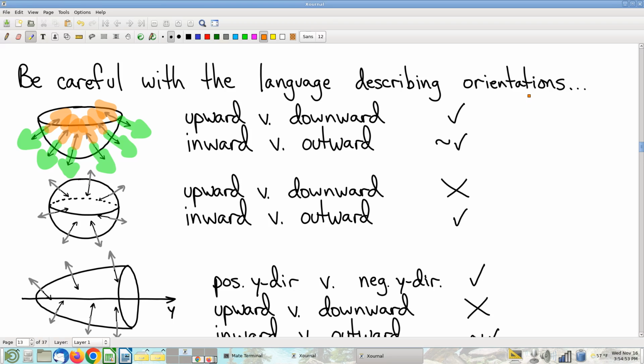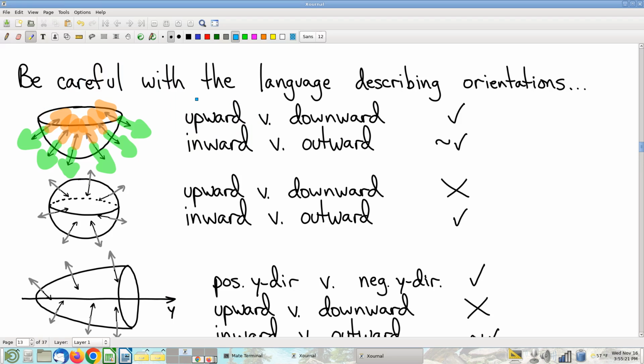And notice that these green vectors, none of them are in any sense up or even up-ish. Right? So when I say upward, that unambiguously indicates the orange orientation and it excludes the green orientation. And so it's perfectly clear what we mean by upward, even though, again, upward is not a perfect description, but it is entirely unambiguous.